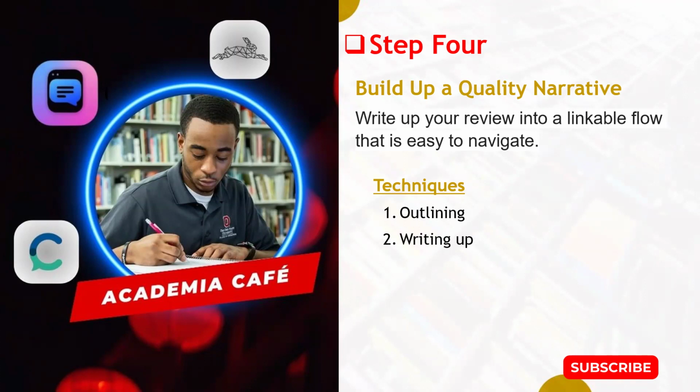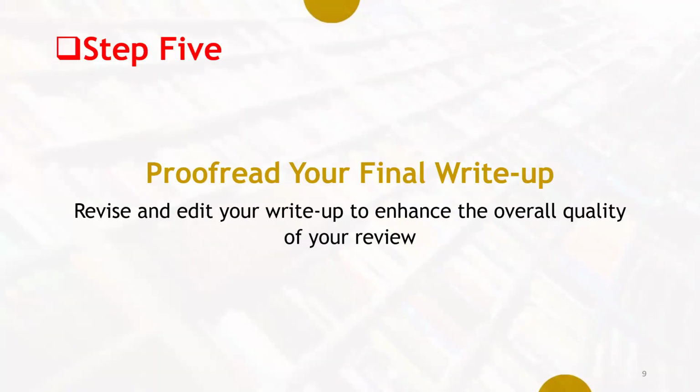Now let's head over to step number 5. Proofread your final write-up. Revise and edit your write-up to enhance the overall quality of your review, ensuring it communicates your idea clearly and effectively.